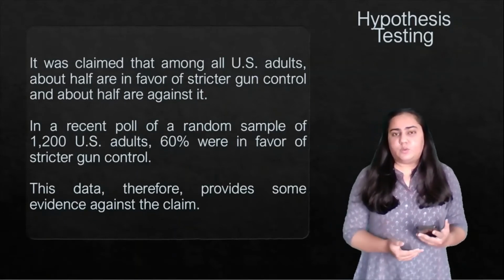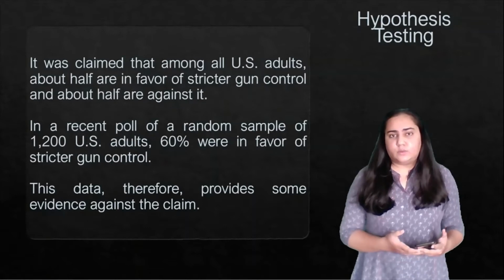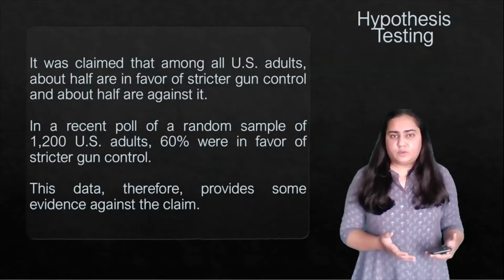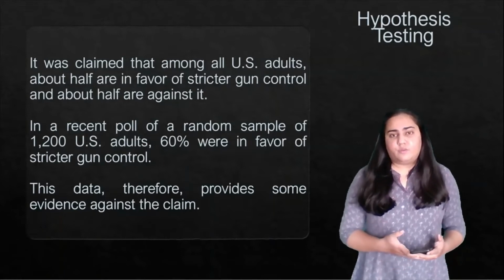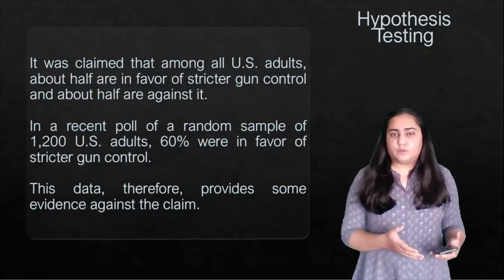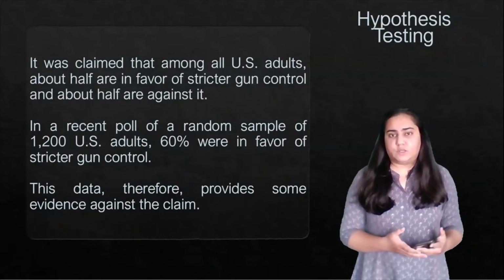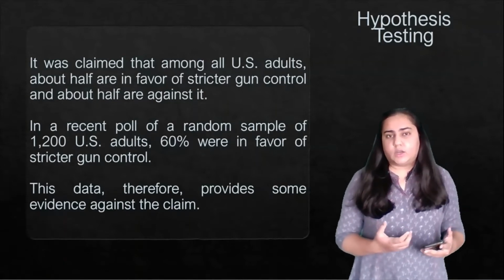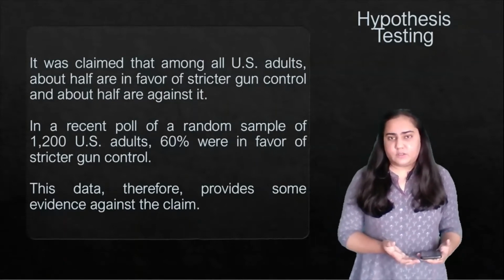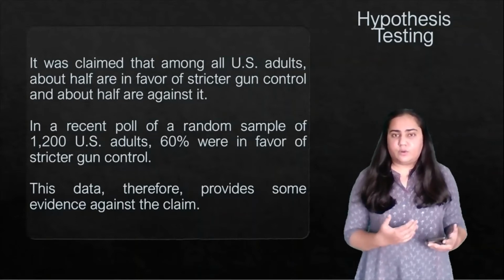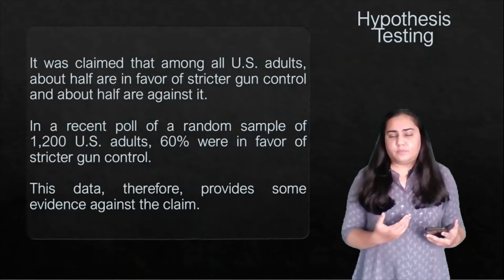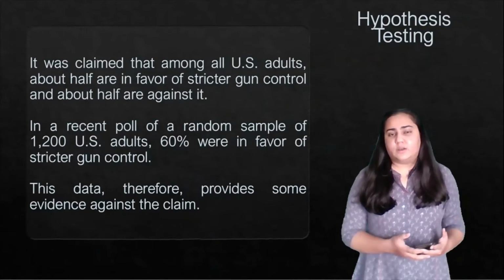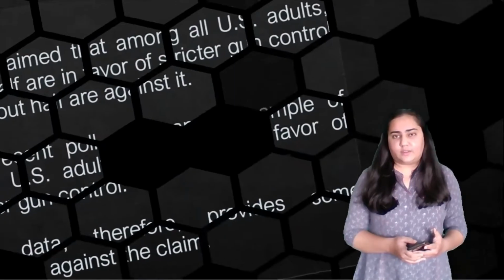That's the claim that we want to test. To test it, we are given the data that a random sample of 1,200 US adults was taken, of whom 60% were found to favor stricter gun control. So this data now provides us some evidence against the claim, and we can say that the claim is more true or more false based on this extra evidence that we have.